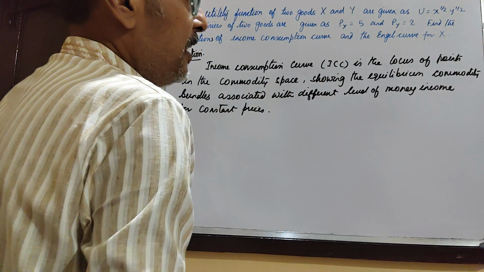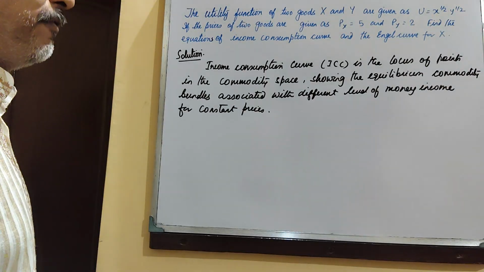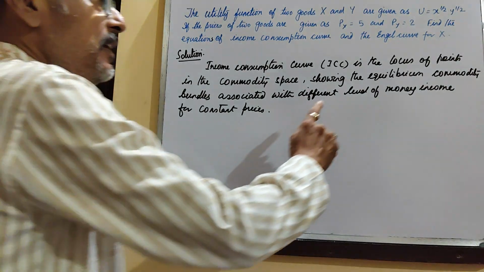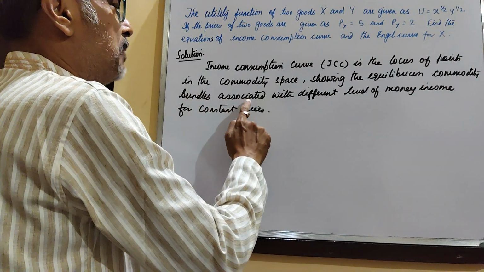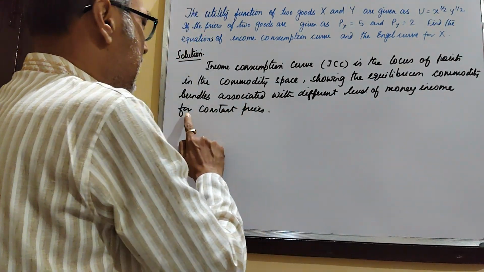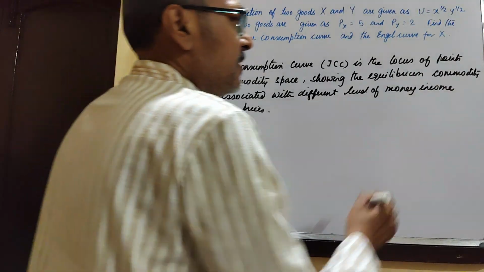Income consumption curve is the locus of points in the commodity space showing the equilibrium commodity bundles associated with different levels of income for constant prices.